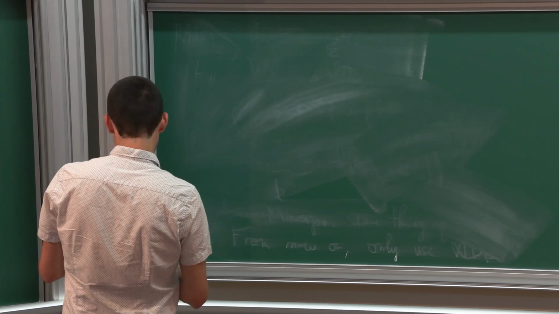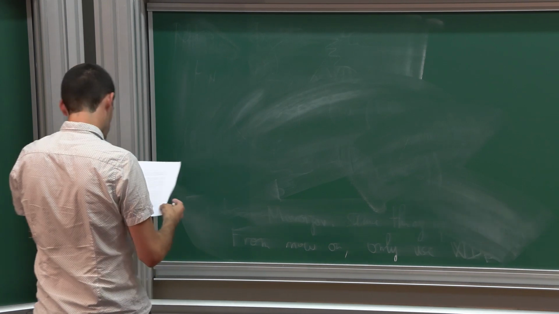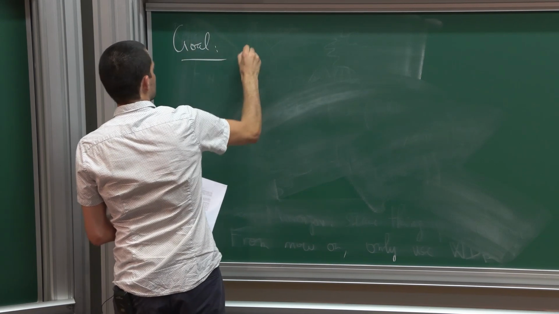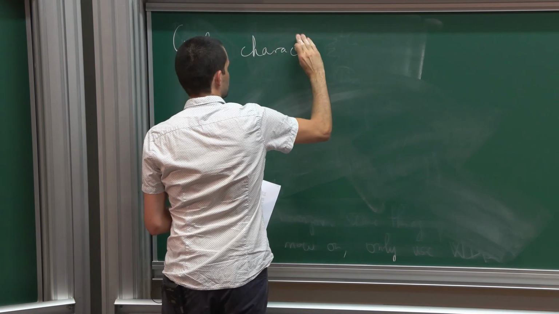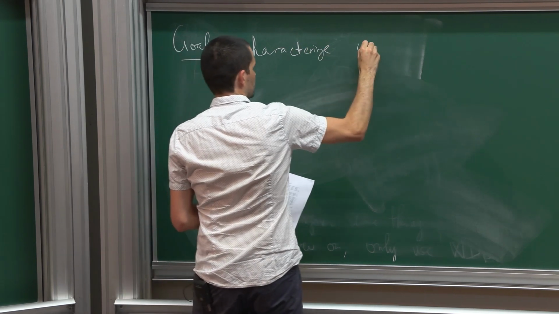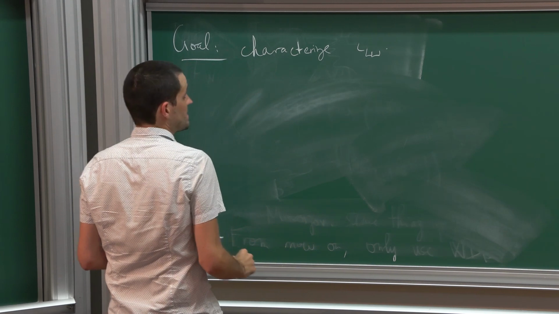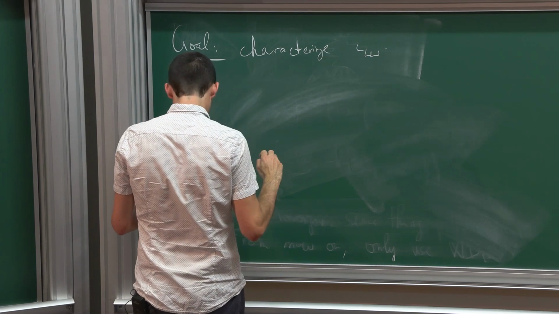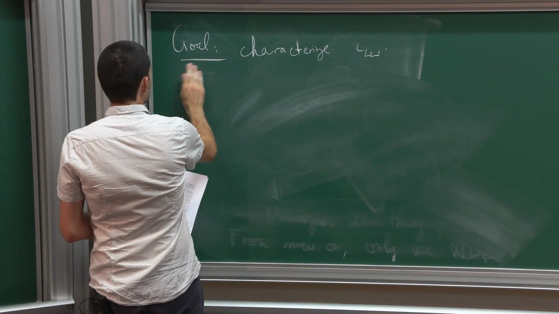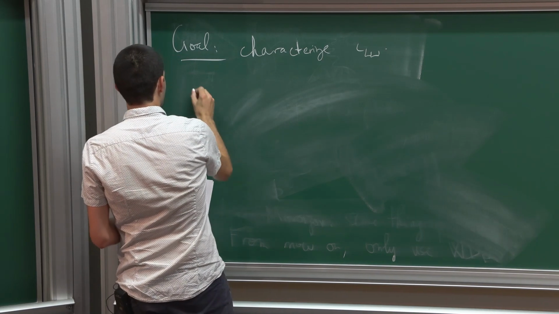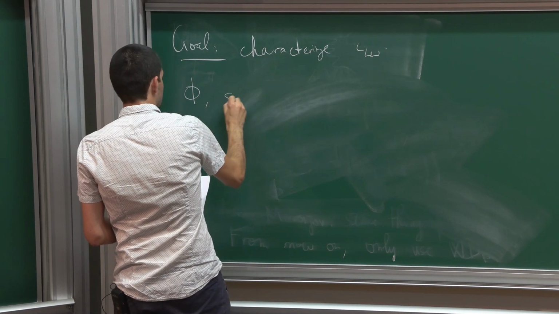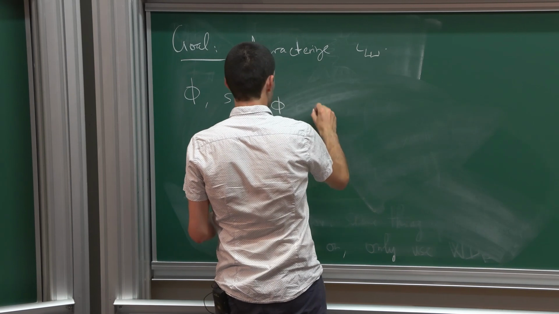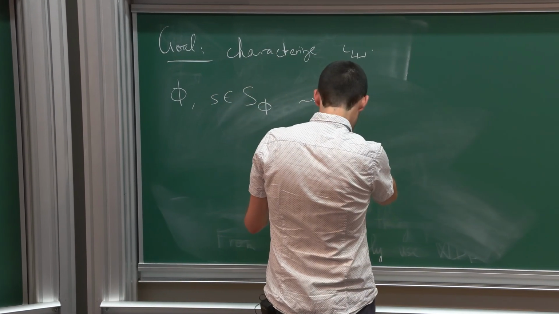Okay. So let's just introduce notation then. We now want to characterize these iota W. So if you start from phi and s, you can construct two things.